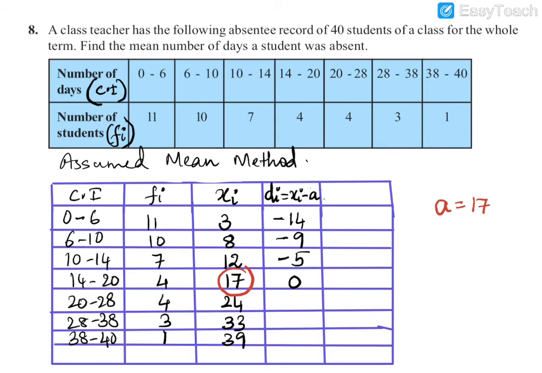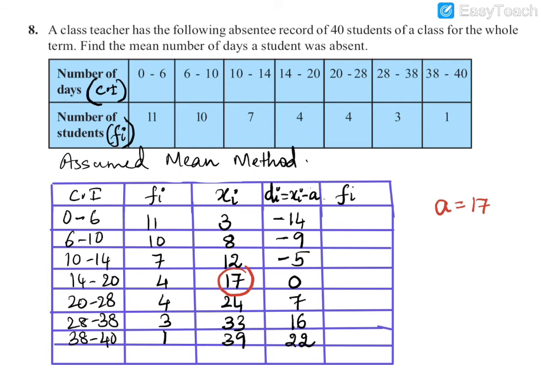Next will be 0. Now don't make a mistake of writing the same values with positive sign for the remaining xi values. Next di value will be 24 minus 17, which is 7. Then 33 minus 17, that will be 16. And 39 minus 17 will be 22.